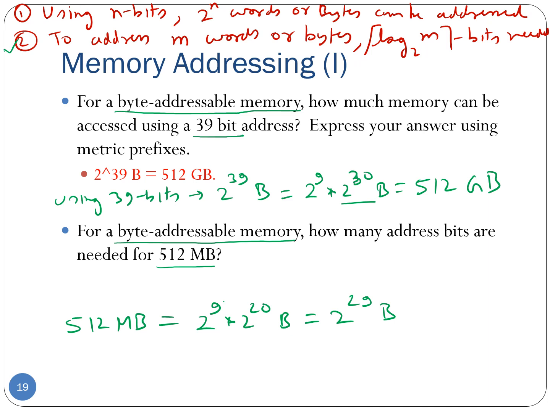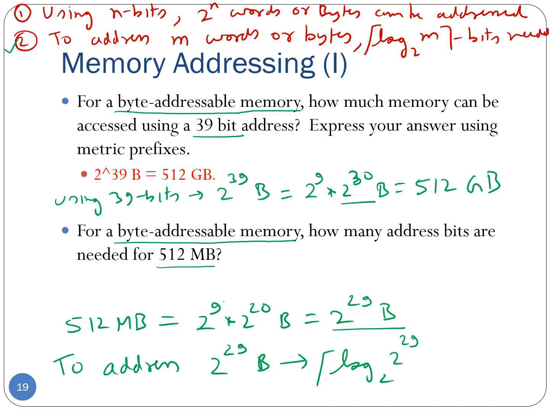So to address 2 to the power 29 bytes, the ceiling of log base 2 of 2 to the power 29 bits are needed, which is basically 29 bits.